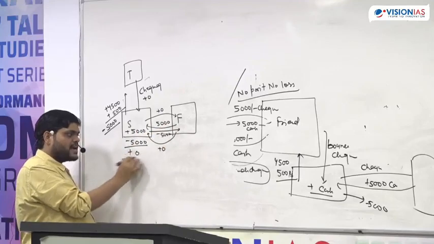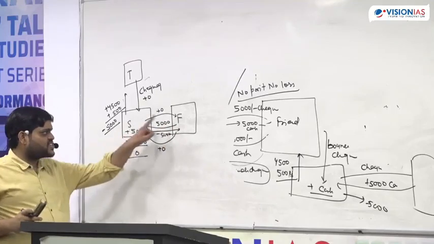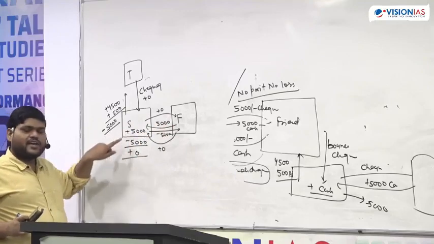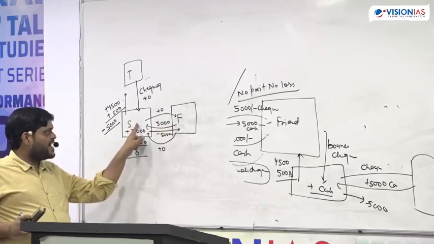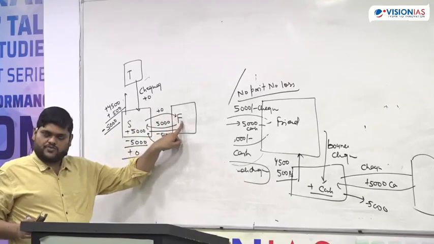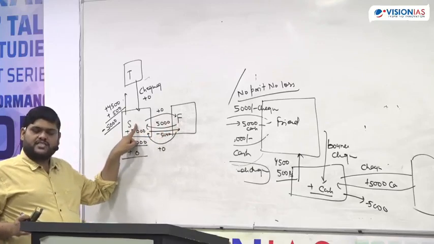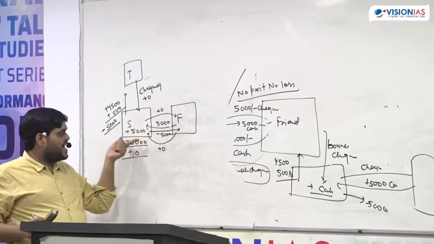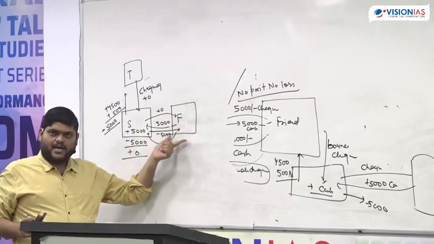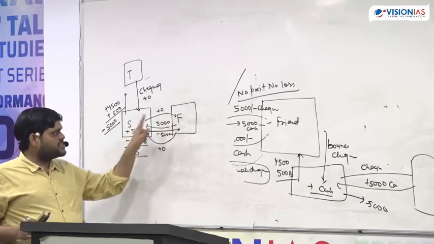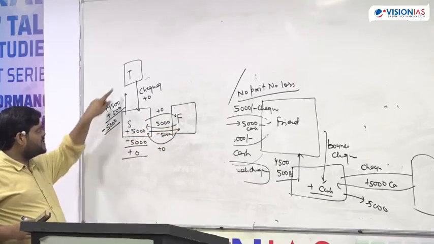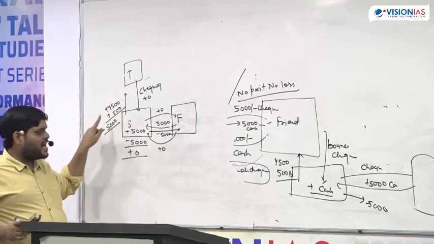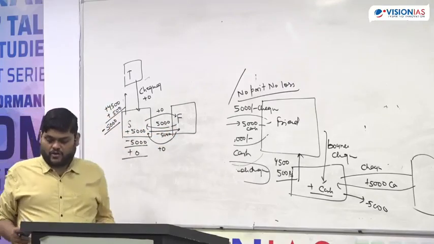So in this transaction, total value becomes zero because he has given a 0 rupees check and got back a 0 rupees check, and whatever the friend has given, 5,000 rupees, next day that is taken back. So there is no profit, no loss in this process. Only in this process there is a loss, and the loss is of 5,000 rupees.